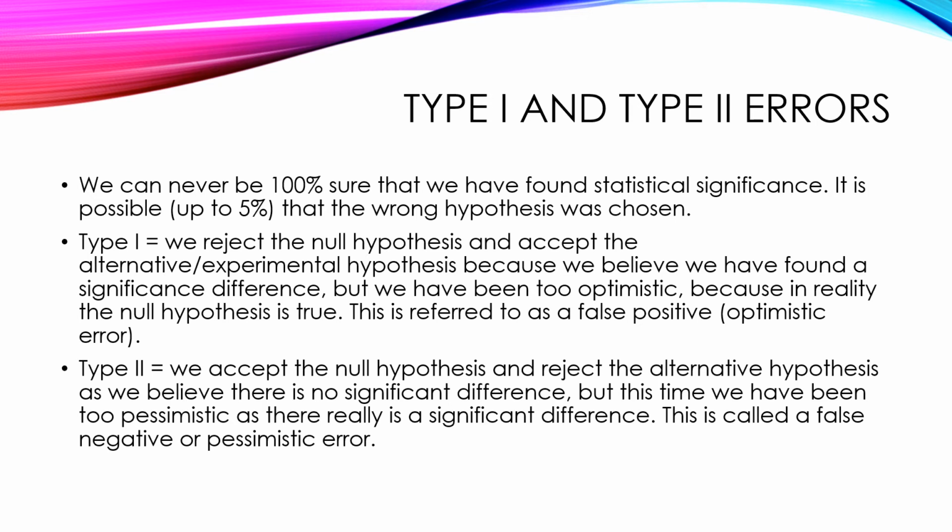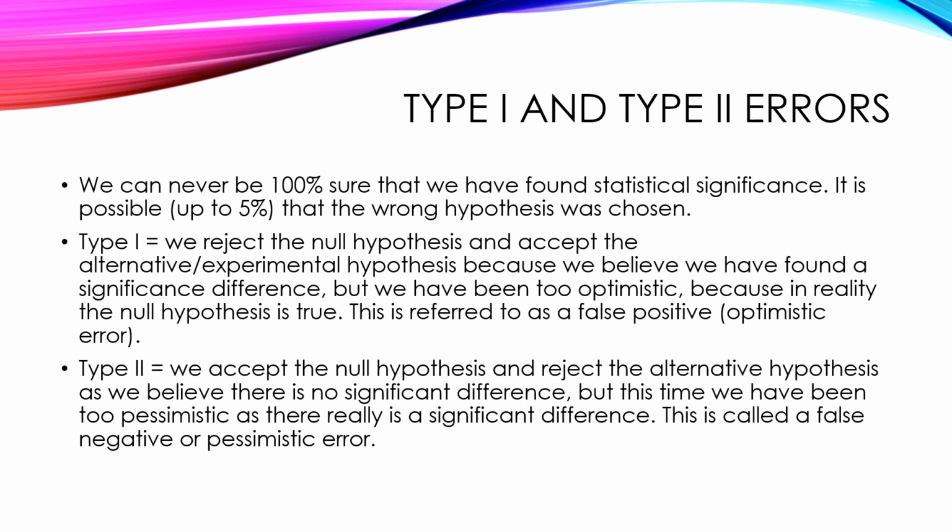So if I take you back to my example, I've got the null hypothesis, which is there'll be no difference in the level of talkativeness when participants drink coffee and when they drink water. So let's say I reject that, and then I say that I found statistical significance because I truly believe I found a statistically significant result.